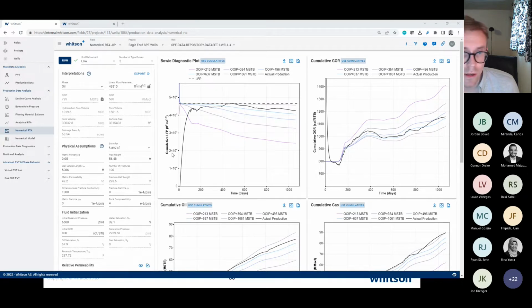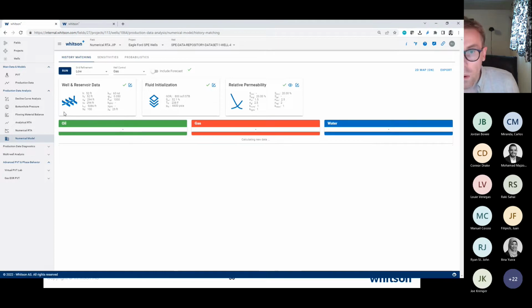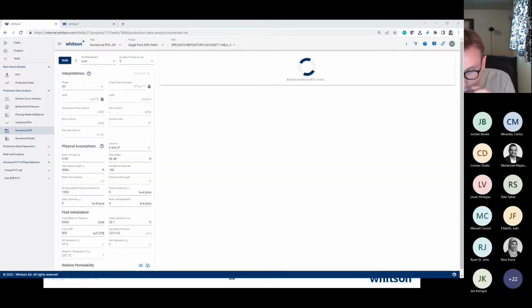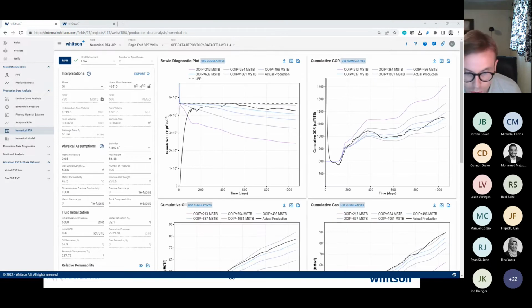Okay, so I'll go ahead and answer a few of the questions in the chat, I'll just take those now when we're at it here. So Rohit asked, is the numerical RTA workflow done on a single layer, or is there a multi-layer option for that as well?